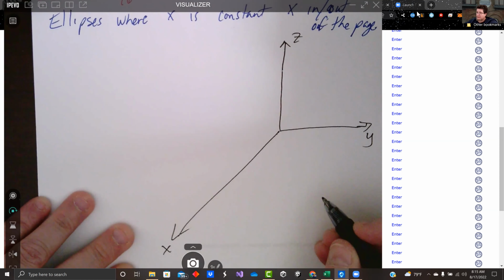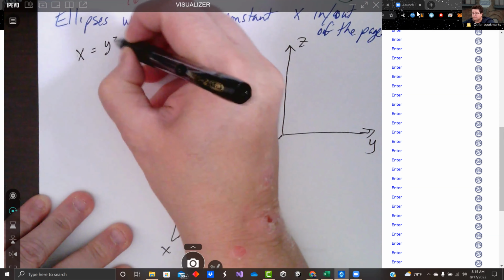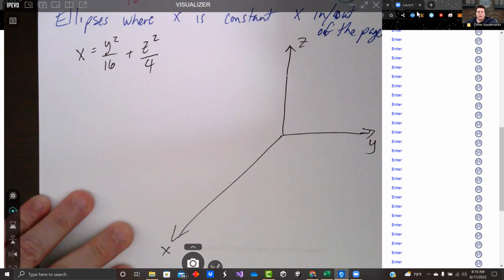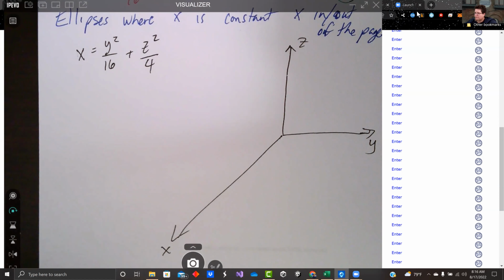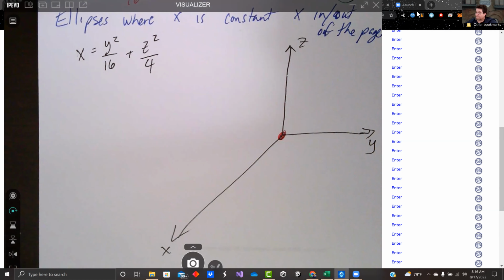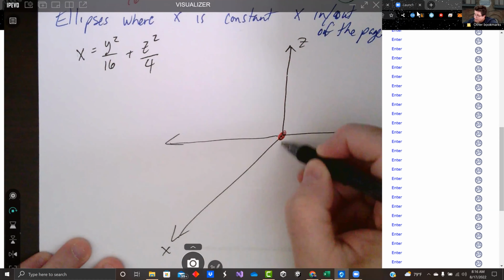And I will rewrite the equation here so we have it real quick. And we saw when we were at the origin, we had a point. Let me do that component as well.